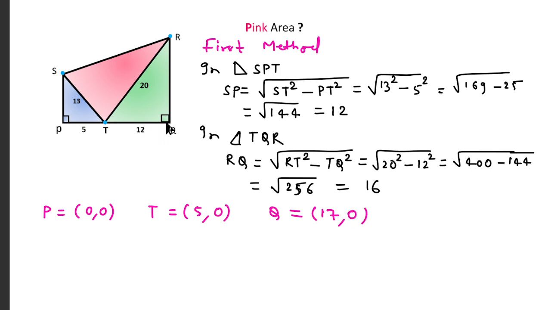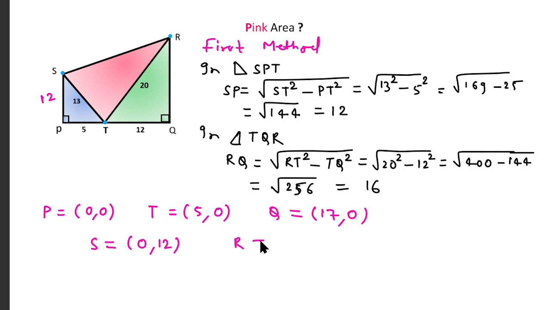Okay, same S coordinates will be what? X coordinate will be 0 because S lies on the y-axis, so it is 0. And the y coordinate will be the length of SP, that we have calculated, 12.